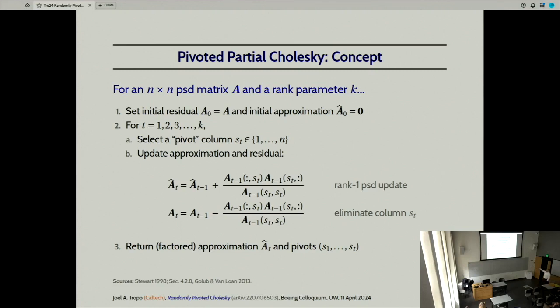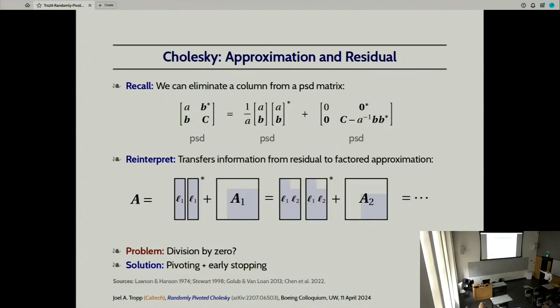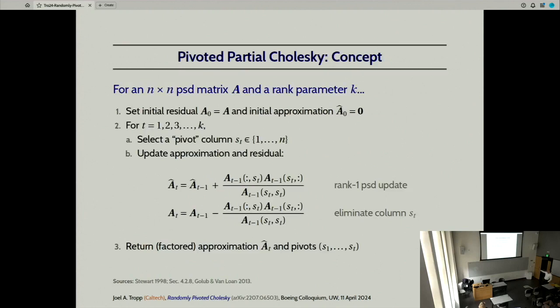We're going to start with the initial residual equal to the input matrix A, and our initial approximation is going to be 0. Okay? So the approximation is this outer product here. And at each step, we are going to pick a column to eliminate from the matrix. So we're going to zero out the row and column indexed by s_t.